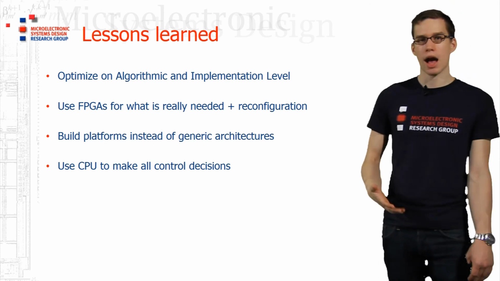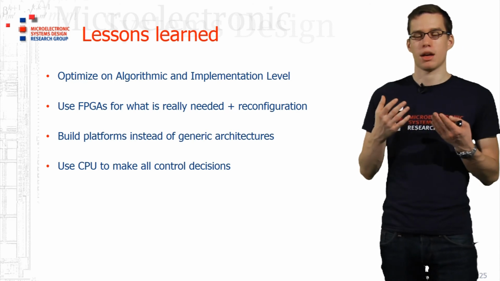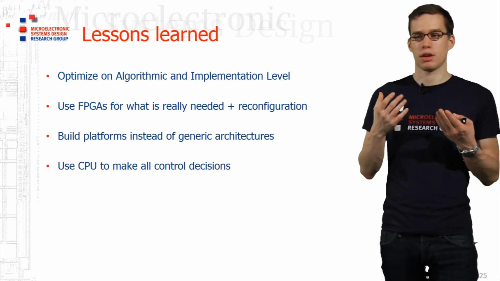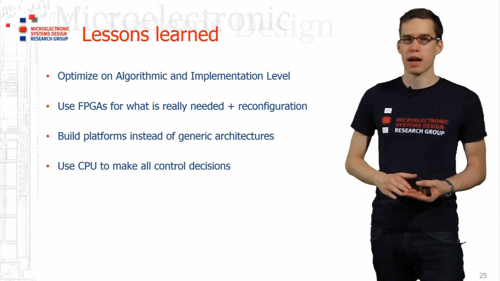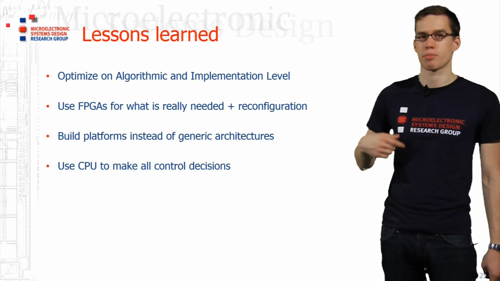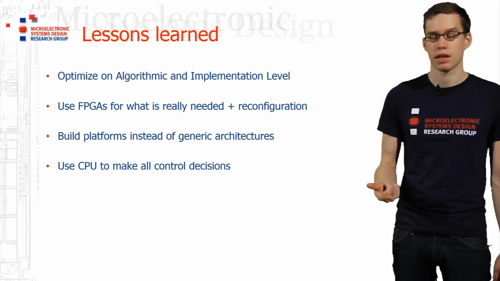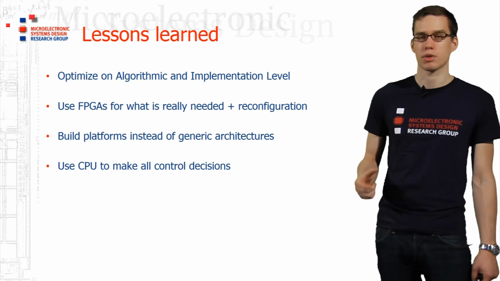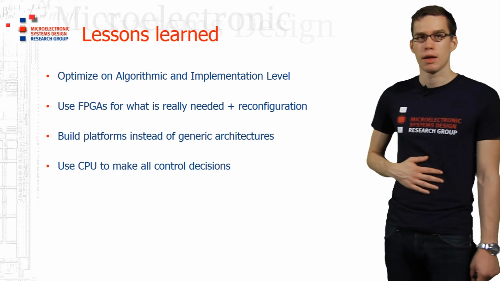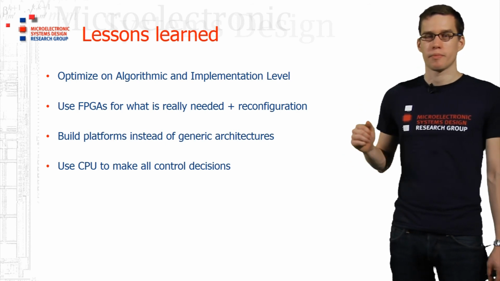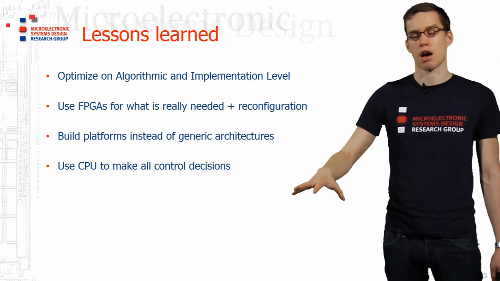So we don't have to generate a generic architecture which can price all levels, which can price all options on the stock market. We don't have to do that. We don't have to put that into the FPGA. What we can do instead is we can only put the parts that are necessary at this time into the FPGA.